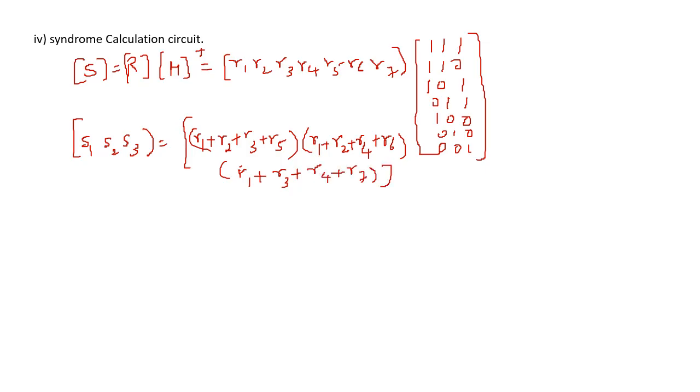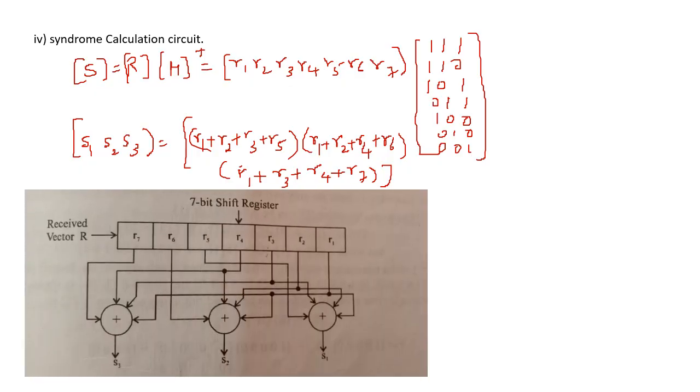In order to draw the syndrome calculation circuit, it will be like this. You are going to have an n-bit shift register, where n is equal to 7, from R1 to R7 as your shift register values. Then you are going to have n minus k, that is 7 minus 4, 3 modulo adders.